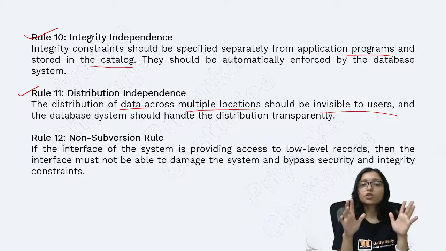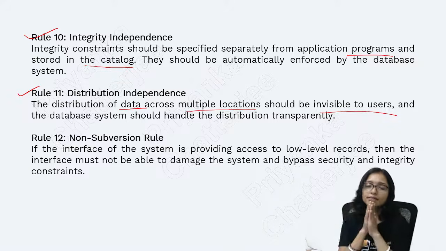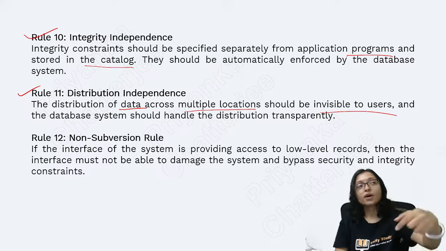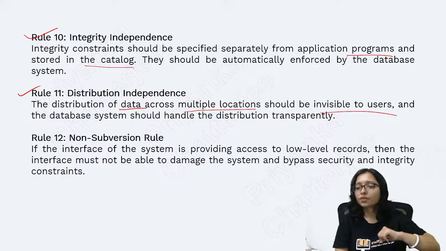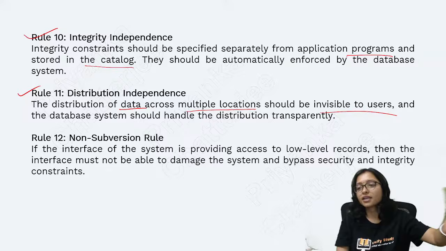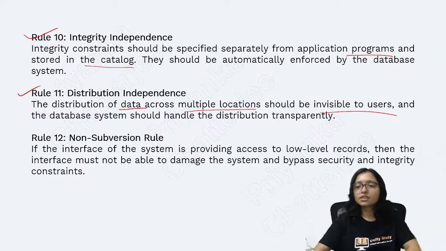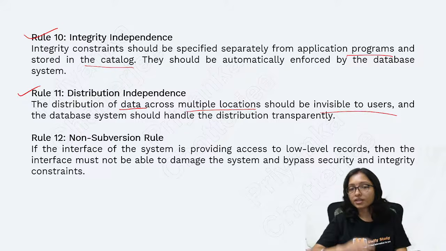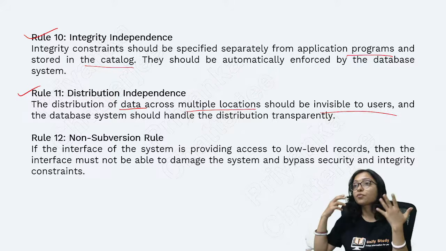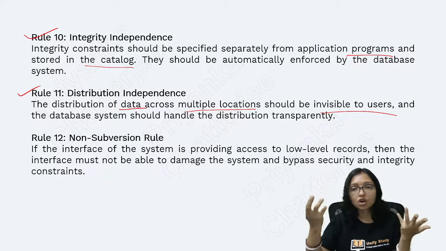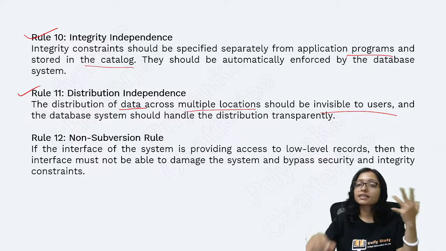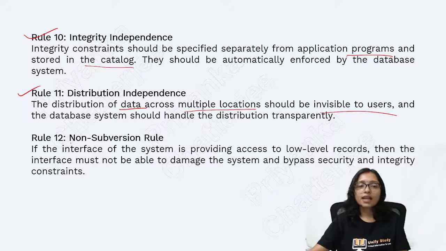YouTube, Google, is not at all using only one server. You fetch the data from the server that is very close to you. We are in India, so there is a server in India. We are not using the USA server. Definitely not. But can we understand from which database we are accessing it? No, you are not able to see. But that transparency is there, right? So you cannot tell.